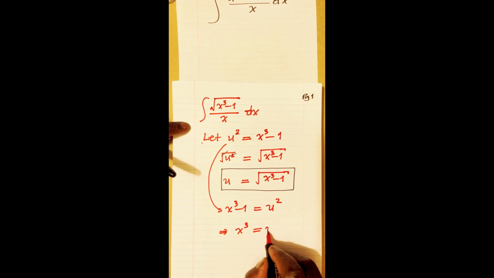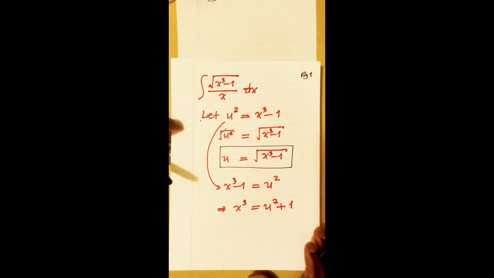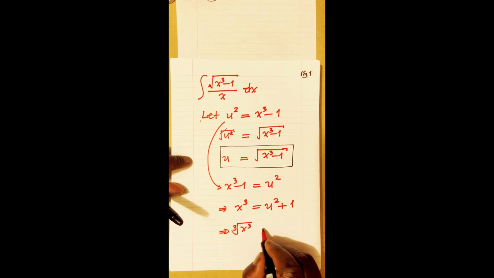On the right, you'll agree with me that it will be u squared plus 1. Now this is x cubed being equal to u squared plus 1, and I have to take the cube root on both sides to solve for x. So taking the cube root on both sides, what we have is the cube root of x cubed. The answer will be equal to the cube root of u squared plus 1.